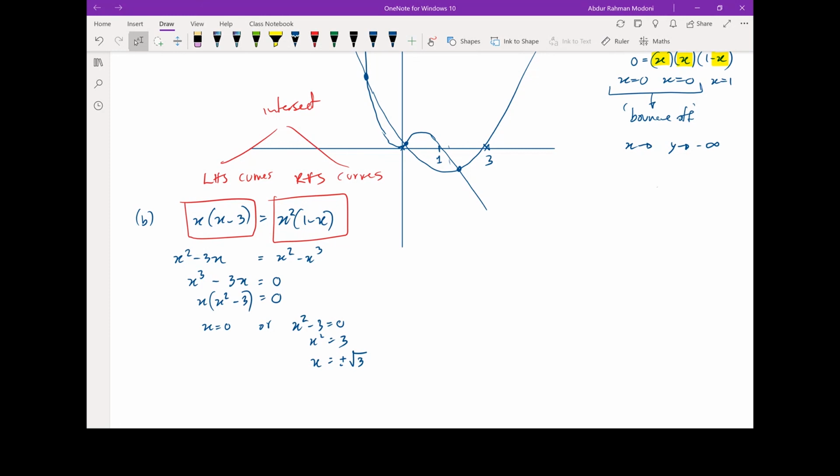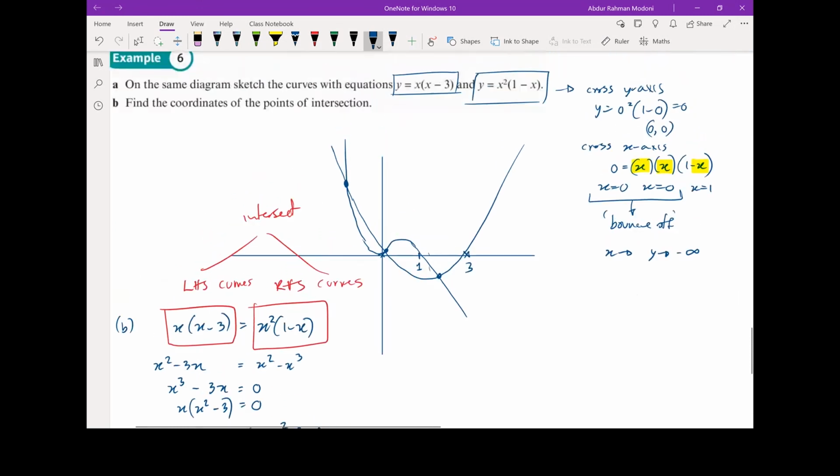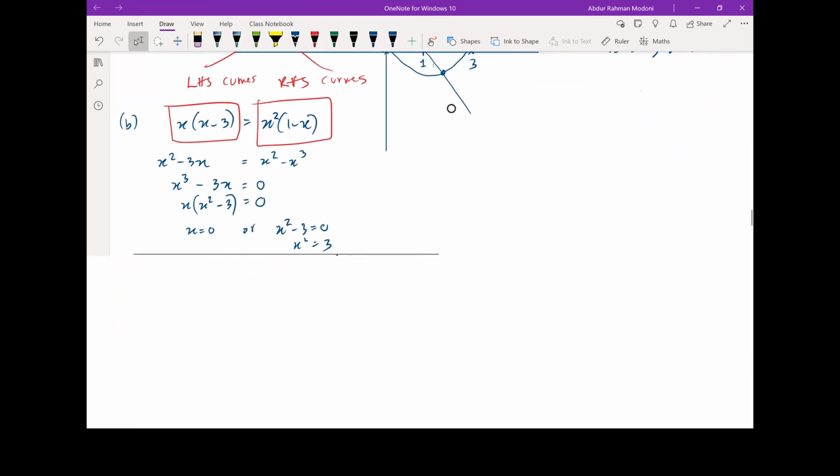So let's determine what's happening for the other ones as well. At x equals 0, what is our y value? Well, let's substitute it into one of the equations. We'll use y equals x minus 3.